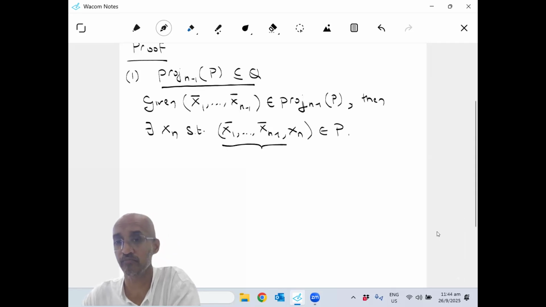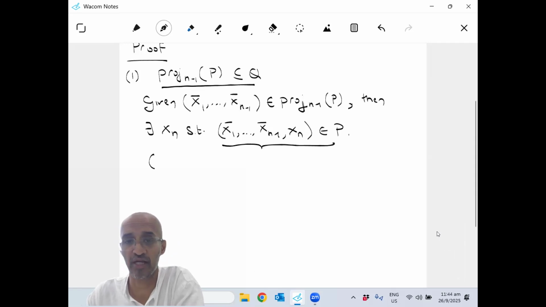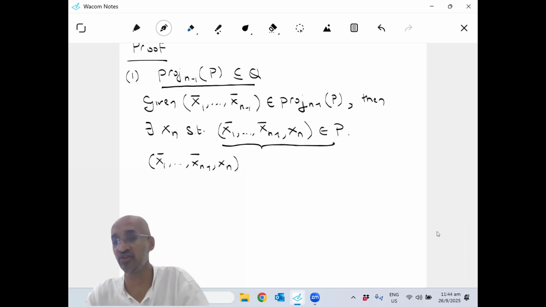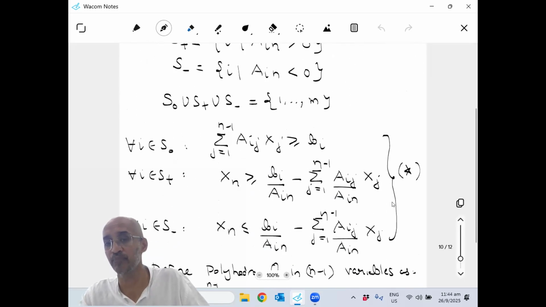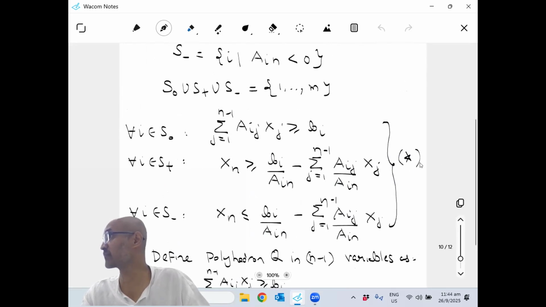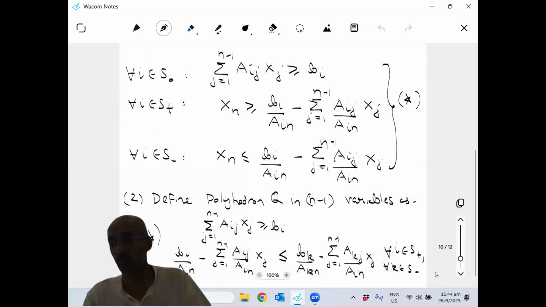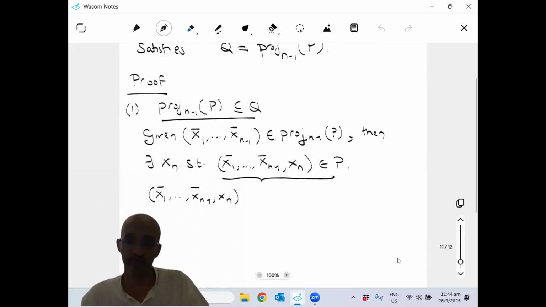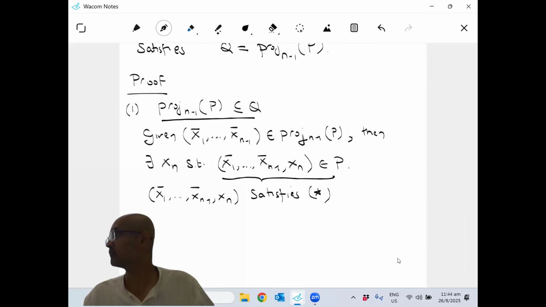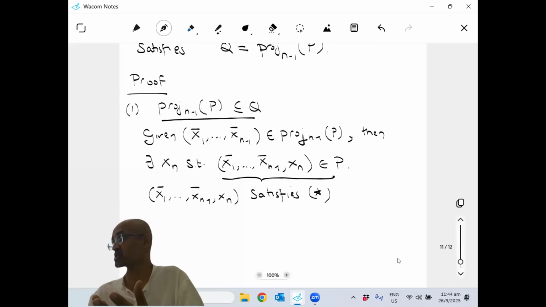So these values x1 bar up to xn minus 1 bar and xn, since they are in P, they have to satisfy this constraint star, because this is just a rewriting of the constraints P. I'm just rewriting the same thing. So this point has to satisfy star. It's the definition of a projection, and obviously there exists some value xn, and since I'm just rewriting the constraints in star, it just satisfies them.